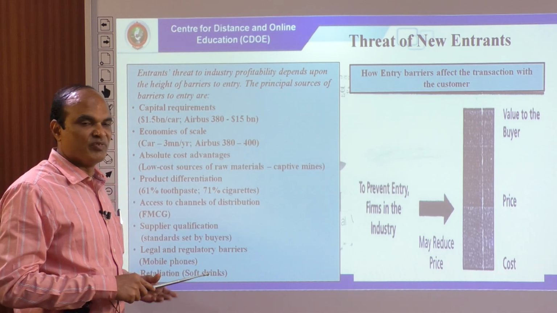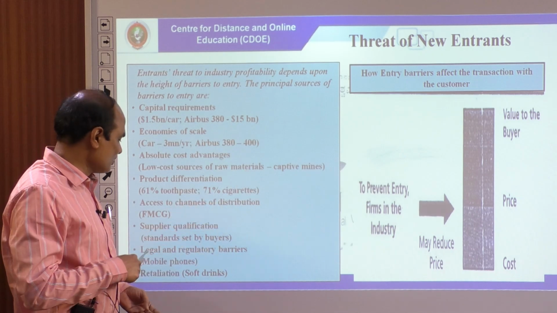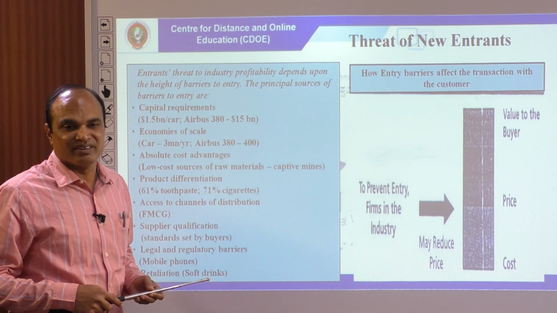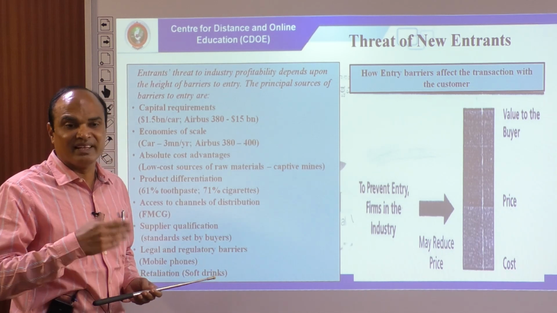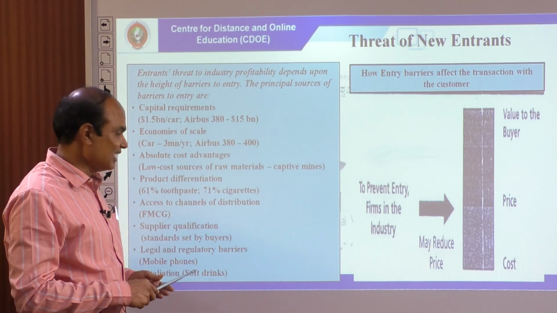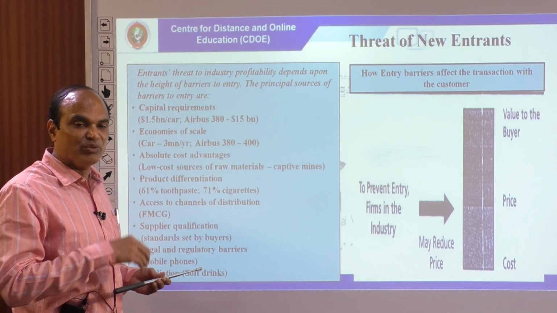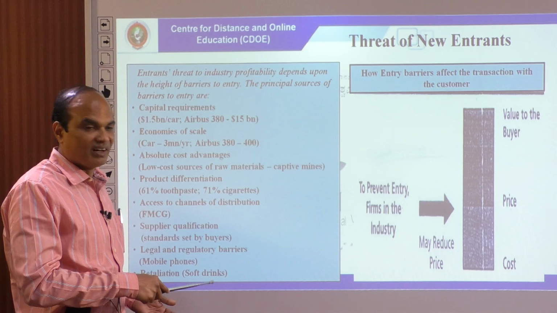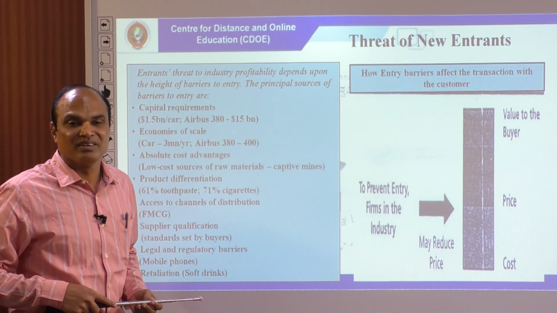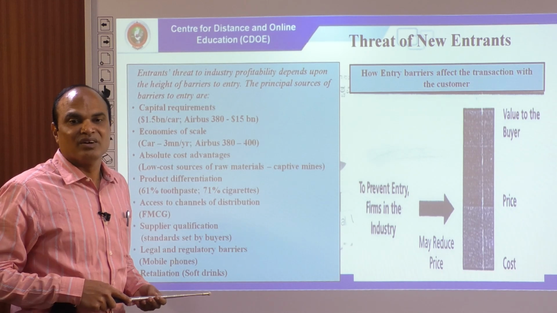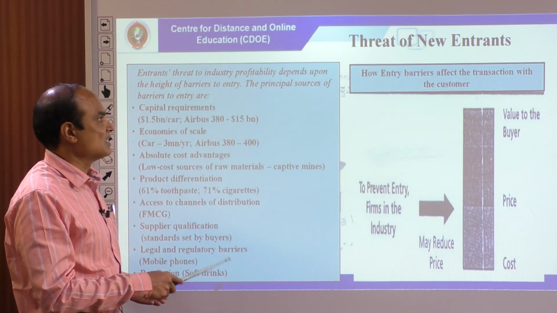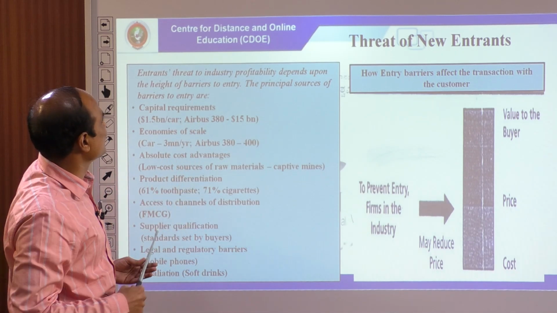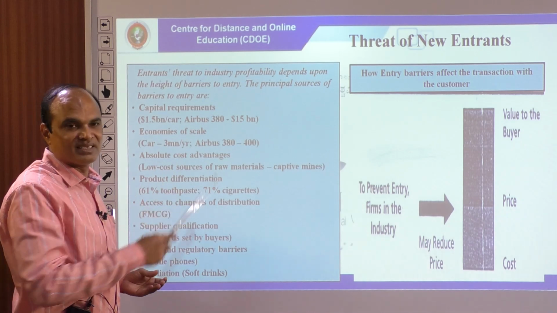So, the retaliatory move is very fast, but that also depends on how quickly retaliatory moves can be initiated by the competitors. The small players might also introduce new variants of soft drinks in the market as a retaliatory move, but that should compete within the same space. So, only the large players can get into such a thing. So, these are the threats of new entrants based on the various heights of barriers that are created.